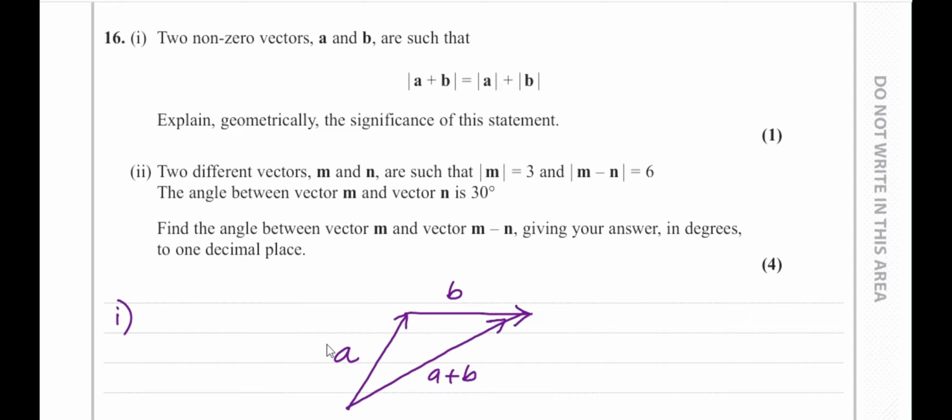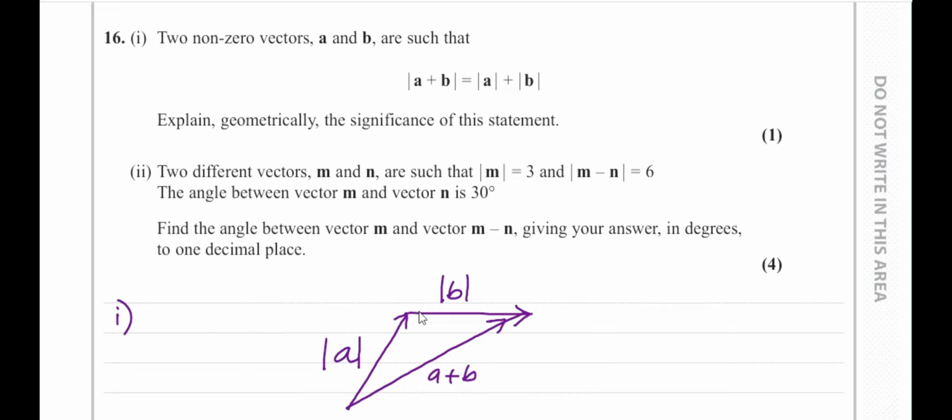Now consider modulus of vector a. That would mean the absolute length of vector a. Similarly, modulus of b would mean the absolute length of vector b. Hence, modulus of a plus modulus of b will be the combined length of a and b.